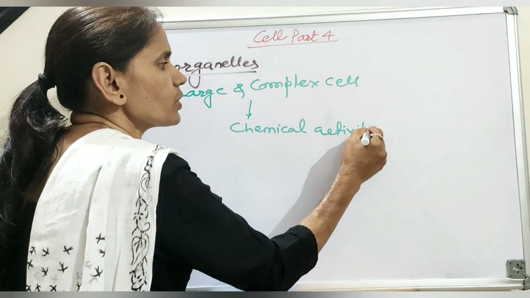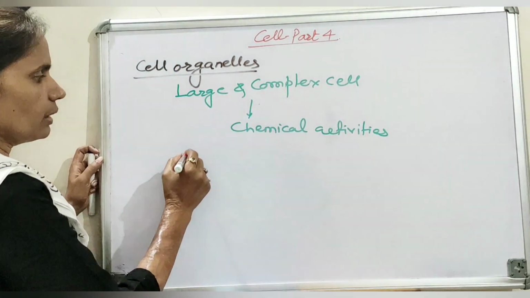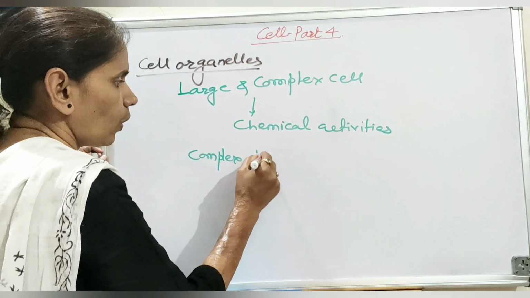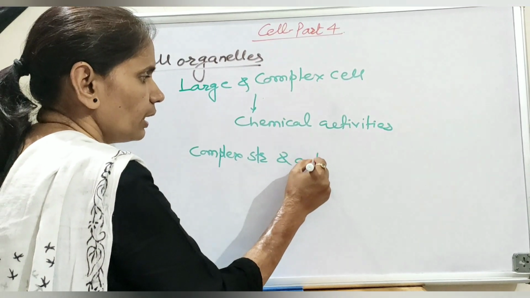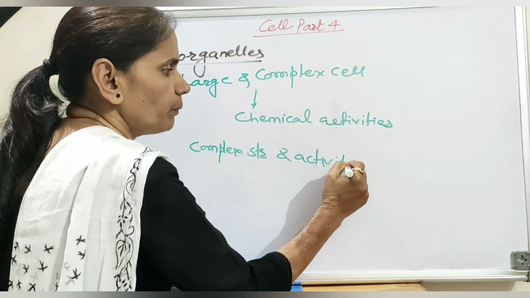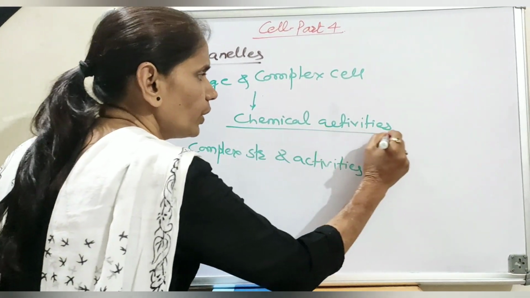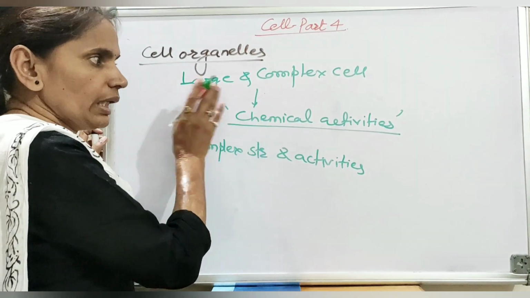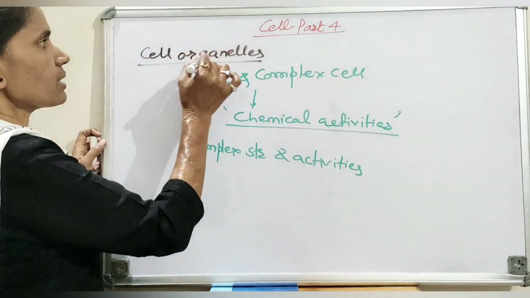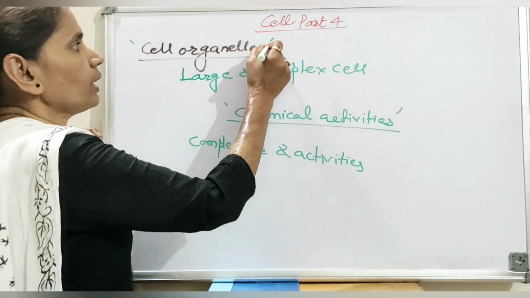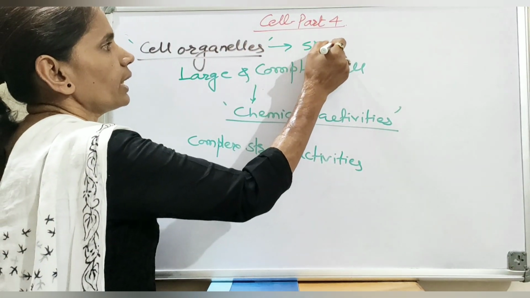In order to support their complex structure as well as complex activities, these chemical functions are to be performed. Now in order to separate these different chemical activities from each other, the cell consists of small membrane bound structures that are known as cell organelles.